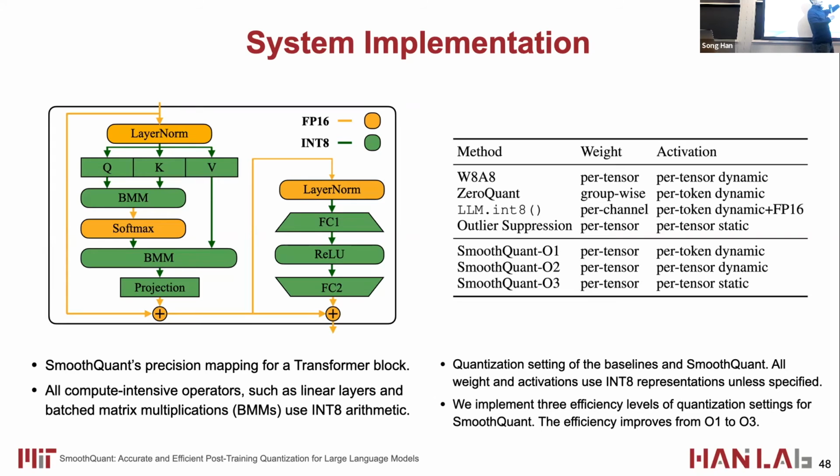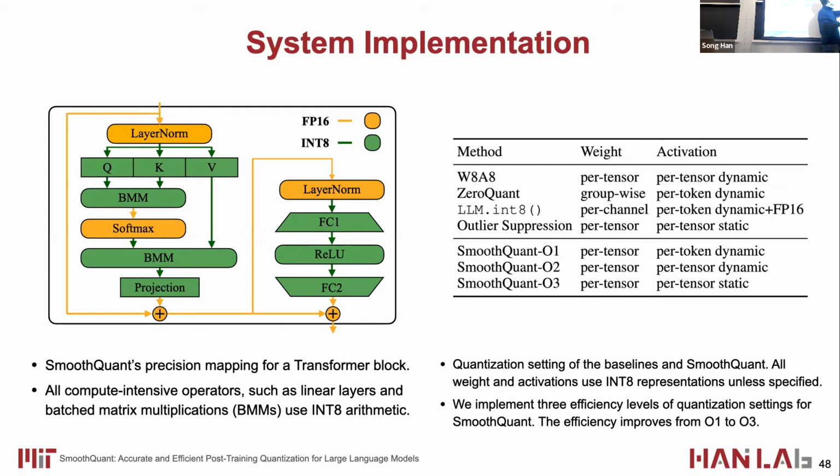So we also tried three different strategies. For the weights, we always do per-tensor quantization for all these scenarios, since weight is relatively easy to quantize. And for activation, we do O1, O2, O3, which represent per-token dynamic, like what you mentioned, where we do it at runtime, versus static, where we collect those scaling factors using a calibration data set before the runtime.